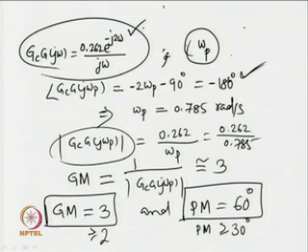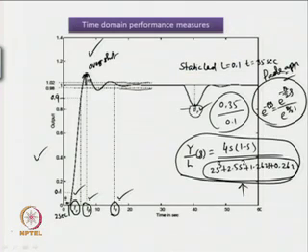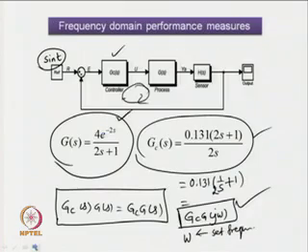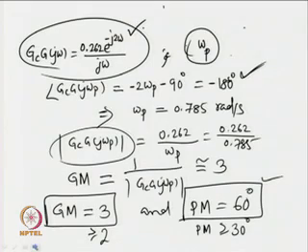Since in our case the gain margin is greater than 2 and the phase margin is quite high, 60 degree, therefore, as expected, its frequency response measures are quite satisfactory and therefore, its time response also will be satisfactory. The same closed loop system is found to have the time response of this form, and let us see what its frequency response curves are.